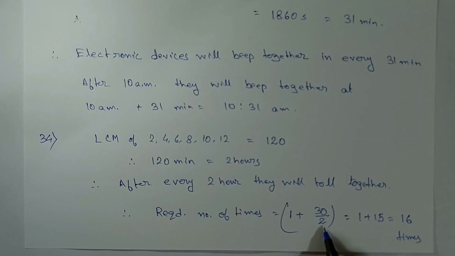Remember here, we are not only going to divide 30 by 2 and get 15, because at the very beginning they tolled together, that is 1. After that, 30 by 2 is 15, so total 16 times.